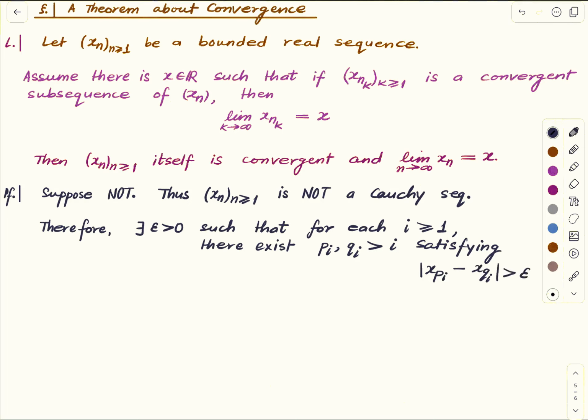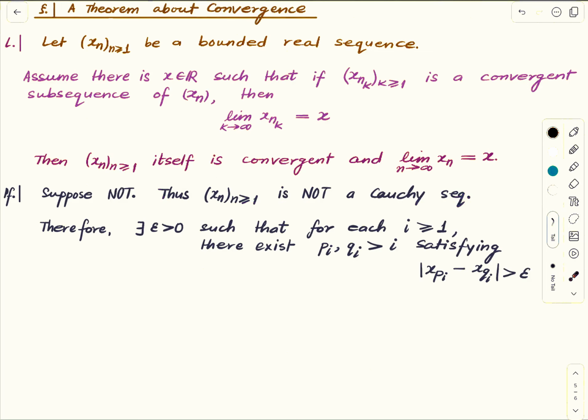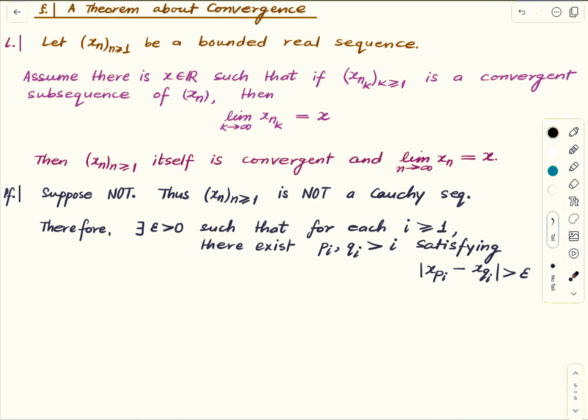So this longish statement is just immediate from this. In fact, this longish statement is exactly the same as this. So let's be very, very clear about that.